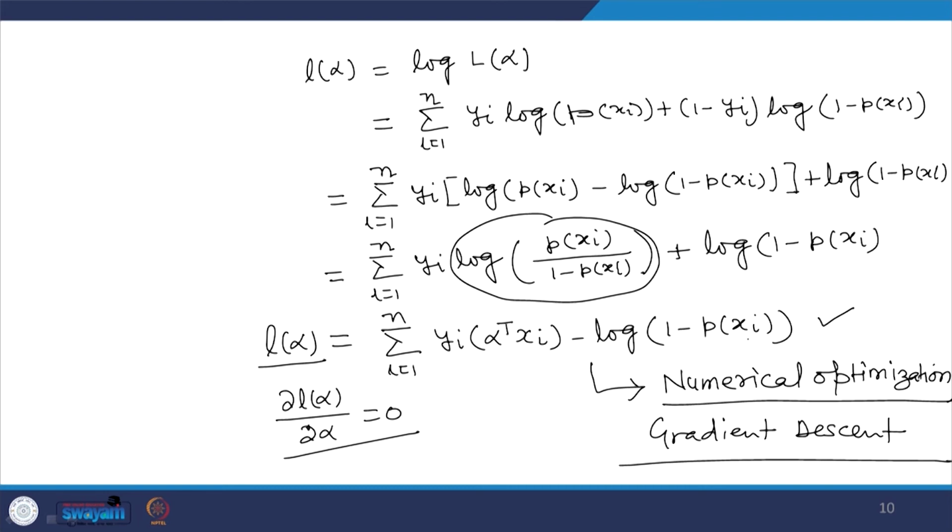From that we are converting it into the logit of the probability. The logit of the probability of x being in class 1 for a given x equals e raised to power alpha transpose x, that linear combination.